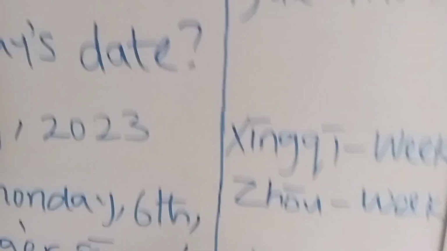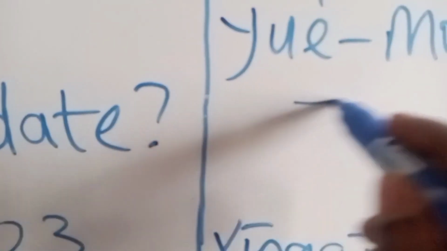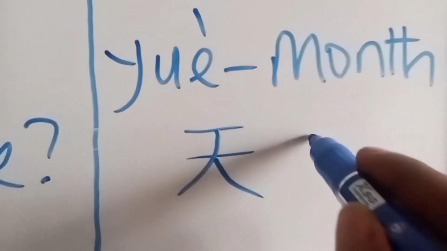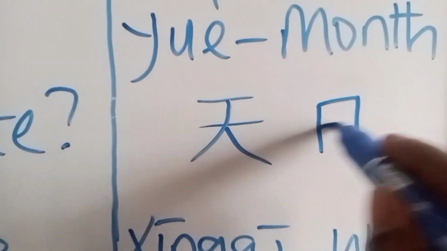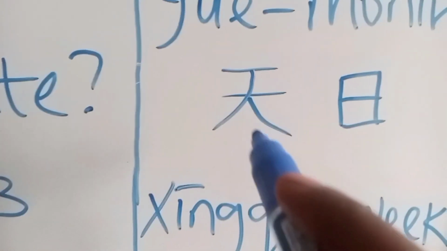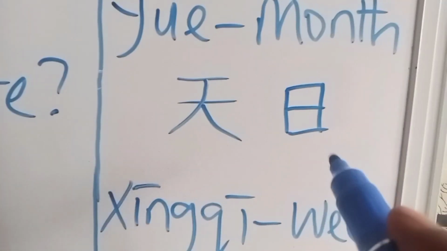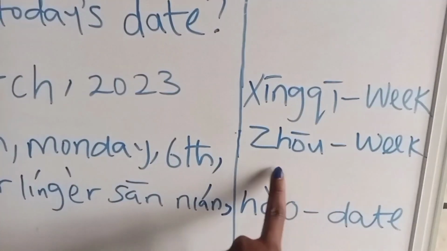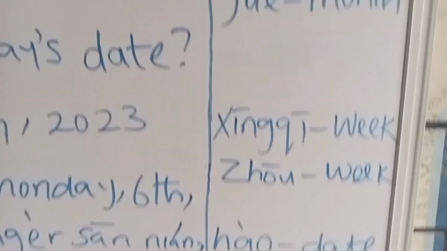That is this tian, the same tian you have in jin tian, or this ri, the same ri you have here in rìqī. So either you say 星期天 or 星期日, that is Sunday. Just know the words 星期 and 周 and you're good to go.